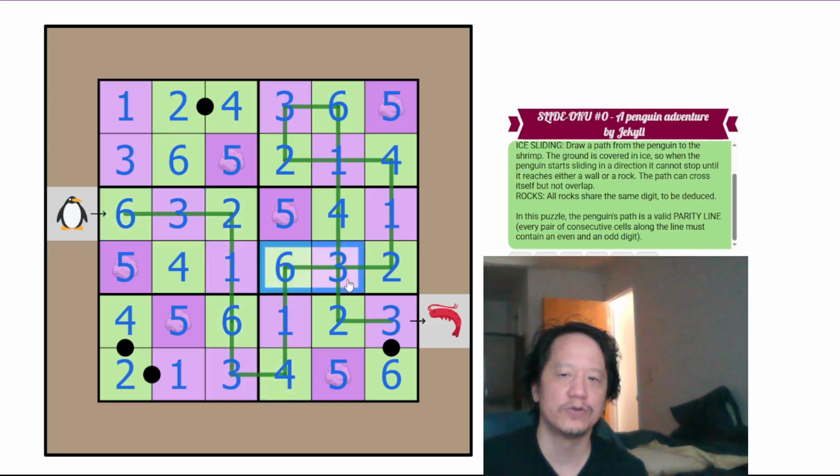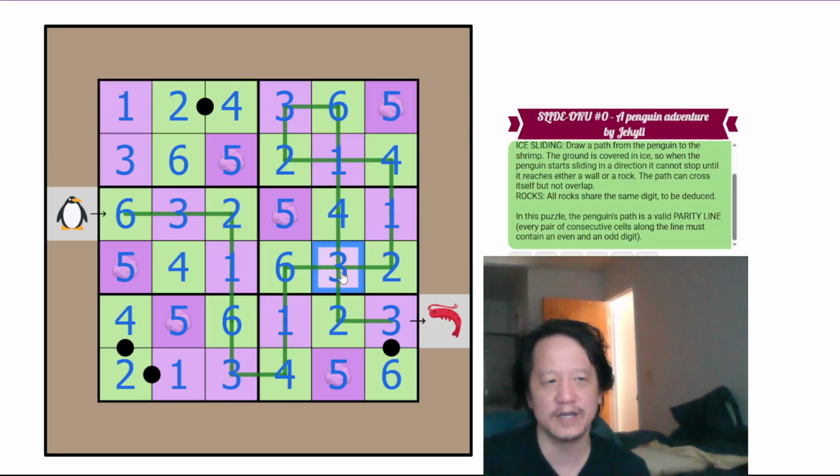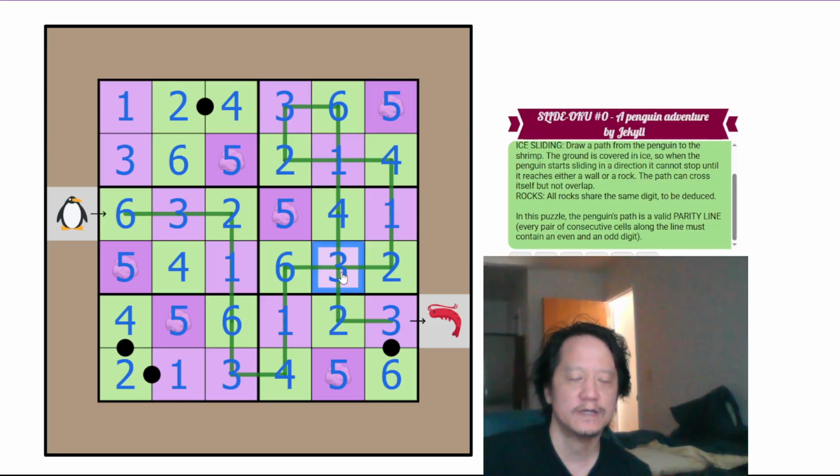And then third of all, you cannot retrace a path, I would say, instead of overlap. Because overlap, technically you're overlapped here, right? Which is why it's kind of confusing. So, yeah, I would say that would be the better way of phrasing this puzzle.